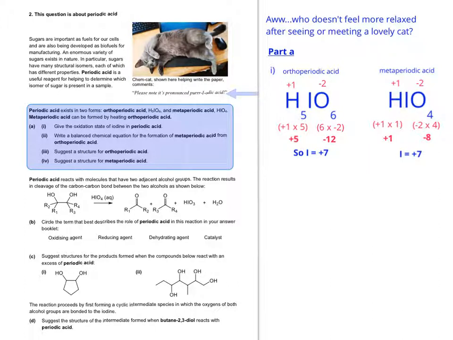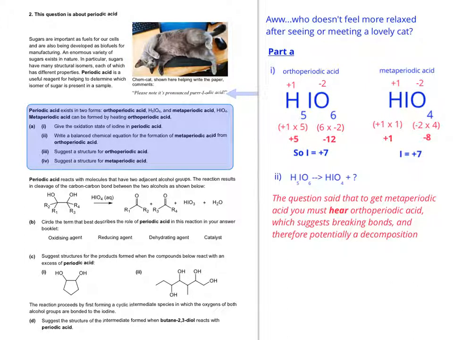So part 2 asks you to write a balanced chemical equation for the formation of metaperiodic acid from orthoperiodic acid. I can't get the pronunciation right, can I? The chemical equation involves heating, so that would be breaking bonds and potentially decomposition.